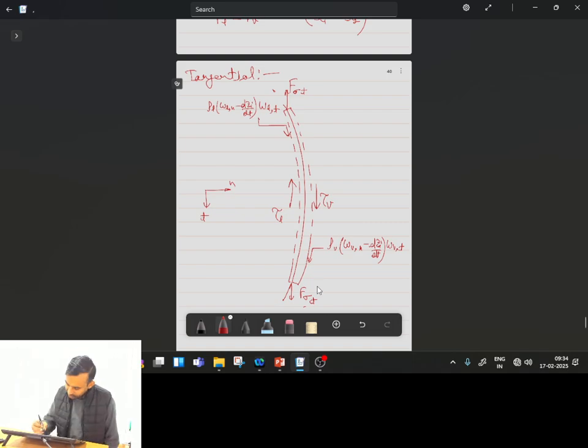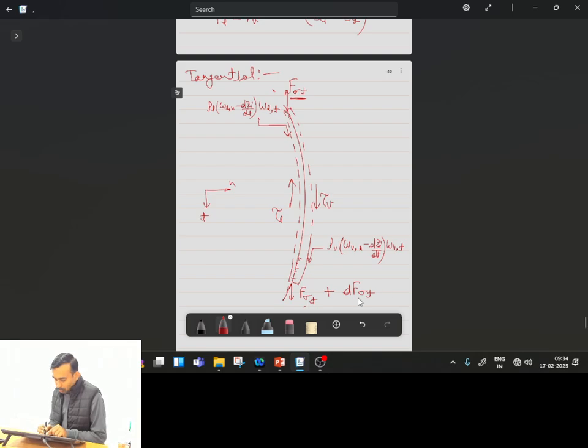But if I assume that at this point I have a different value of surface tension, and at this point a different value, so there is a variation of surface tension along the interface, then if F sigma t is the surface tension force at this point, at the other point it will be F sigma t plus some dF sigma t. Is this point clear?